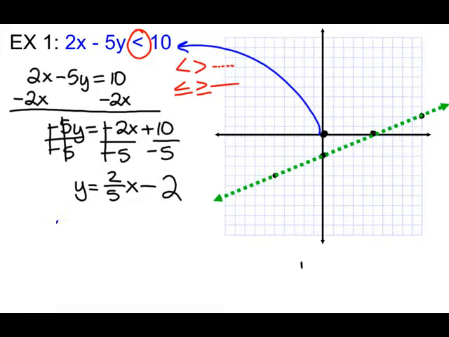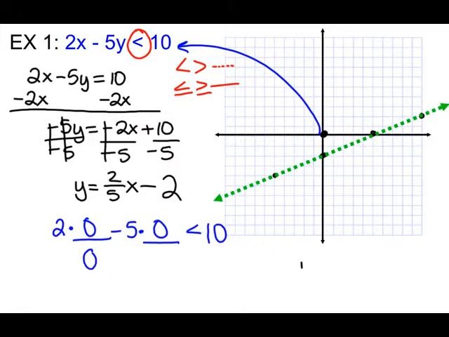So 2 times 0, because that's my x, minus 5 times my y value, 0. The question is, is that less than 10? Well, 2 times 0 is 0. 5 times 0 is 0. 0 minus 0 is 0, which is less than 10. Our signs do match up, so this is true.